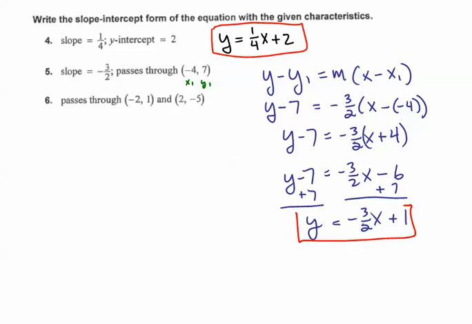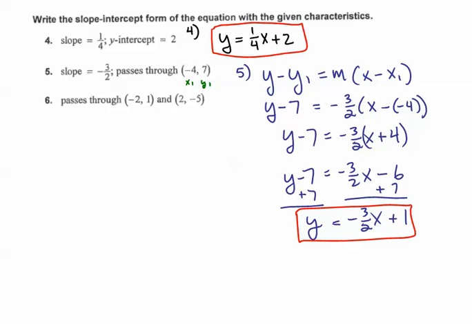And so we have written in slope-intercept form the equation that has the characteristics of a slope of negative 3/2 and passes through the point negative 4, 7. So this is problem 5 here, and this is 4 here. Now we'll go on to 6.